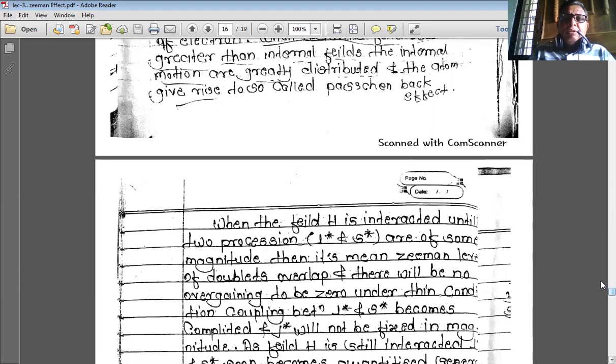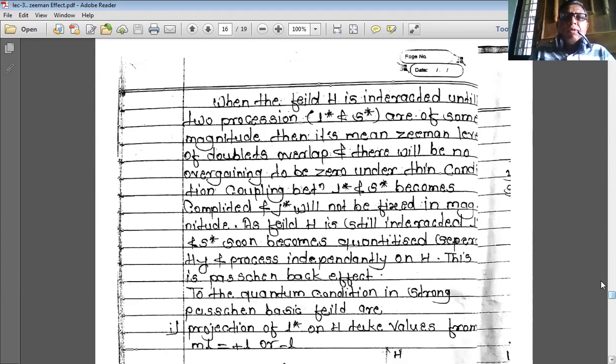Now see, when the field H is introduced, the two precessions, L star and S star, are of the same magnitude.